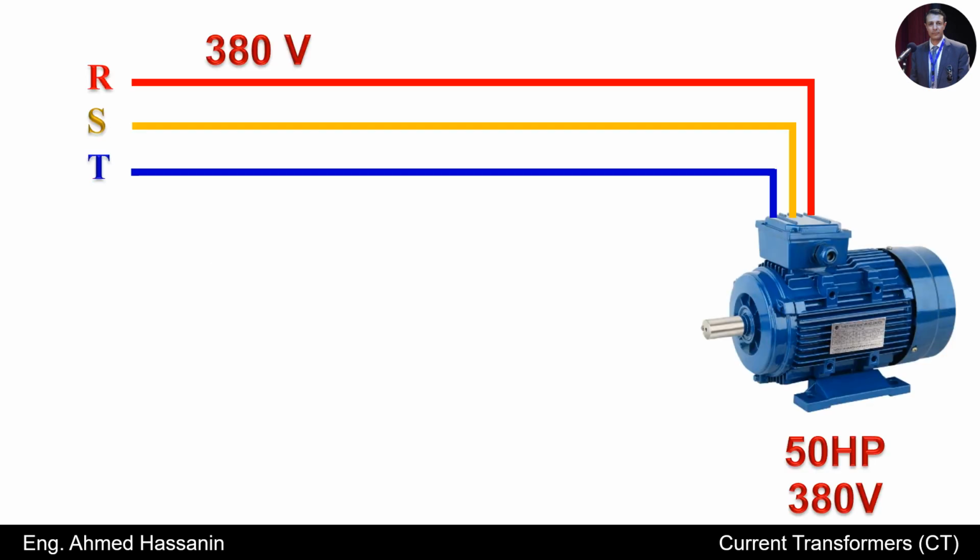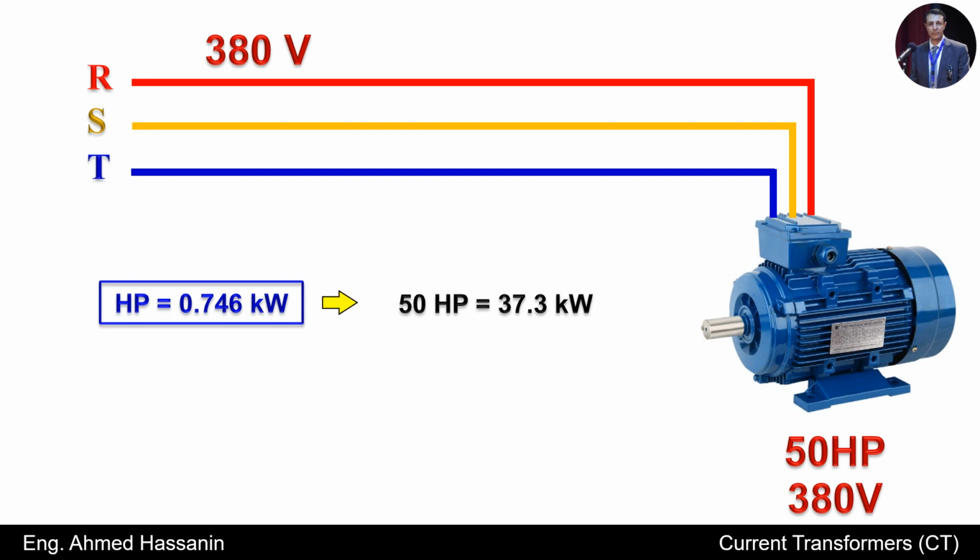Another example, if we have a three-phase motor, 380 volts, 50 horsepower, and we also want to measure the electric current that will flow in the line T or phase T. By using electrical equations, we find that horsepower equals 0.746 kilowatts. This means that 50 horsepower equals 37.3 kilowatts.